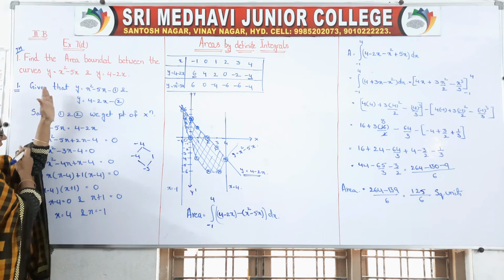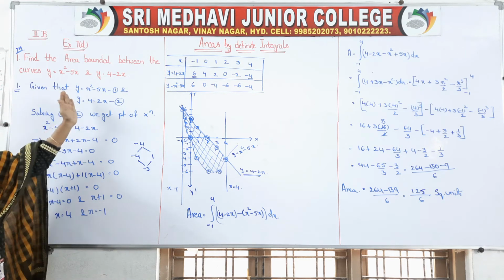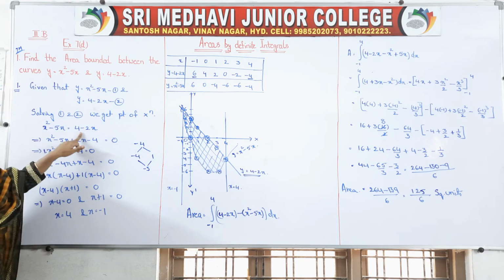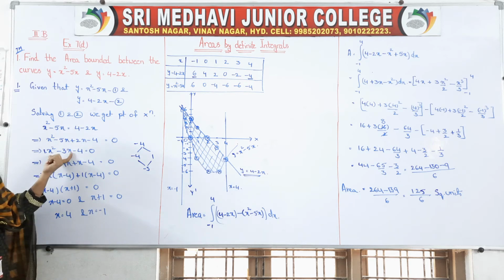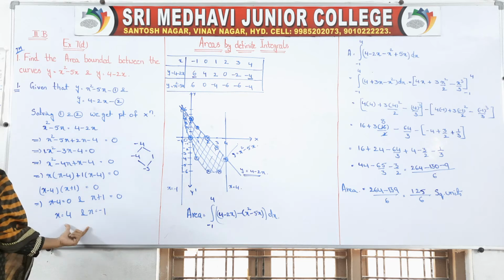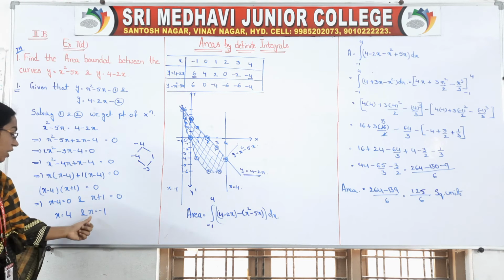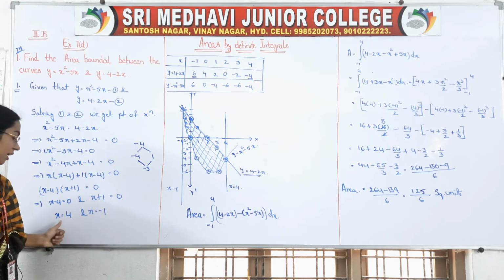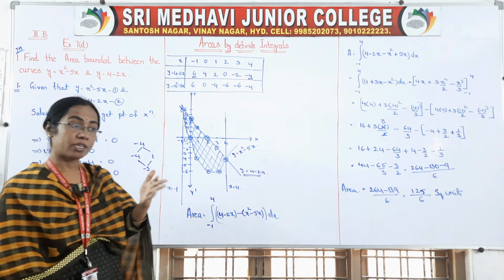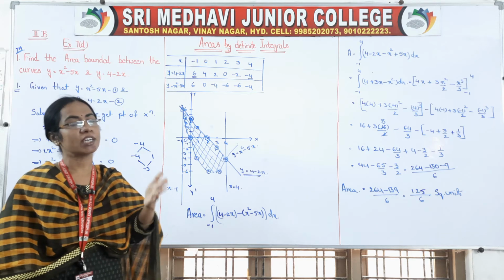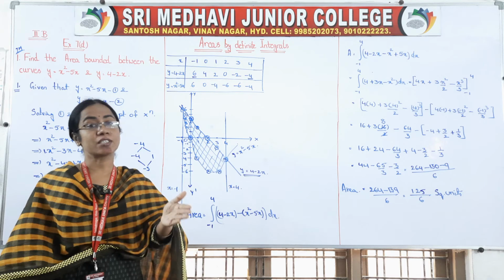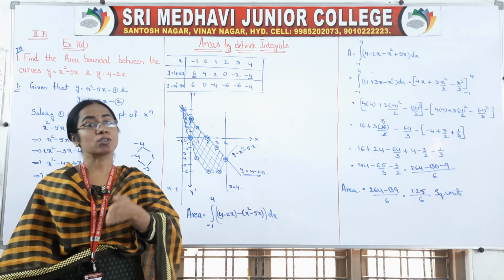The left side has y and the right side has y, so we can equate the right side values. We equated and got one quadratic equation. Take the factors and find your x values: x is equal to minus 1 and x is equal to 4. We got the limits of the area. We have to find the area covered by that curve and that line from x is equal to minus 1 to x is equal to 4.